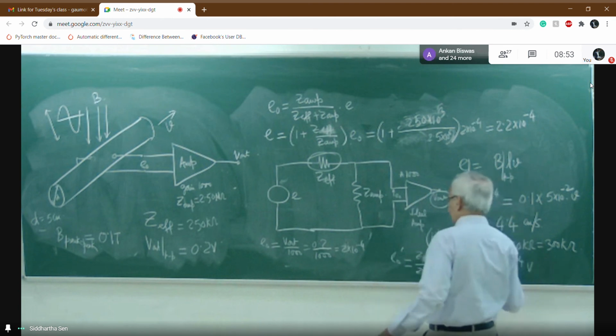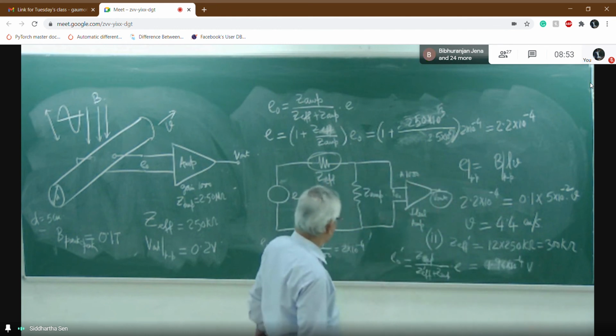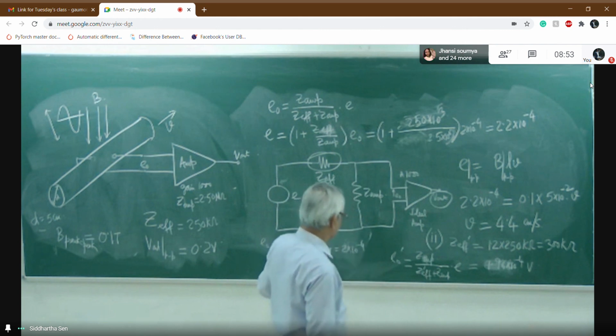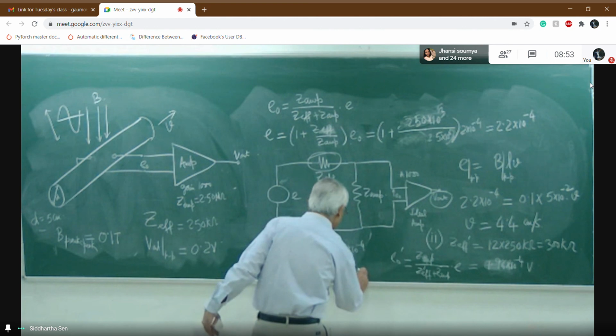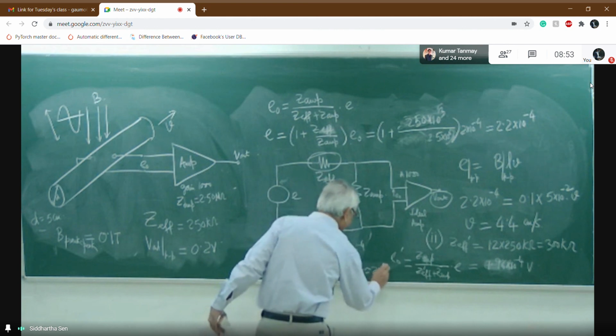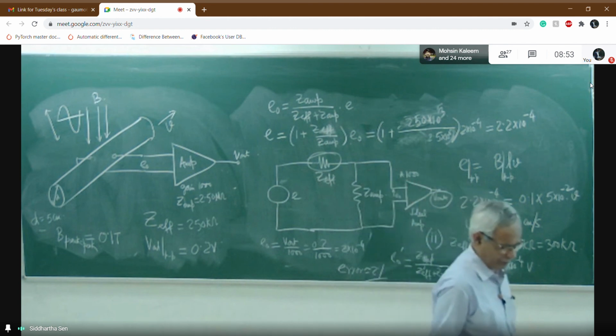So there is a drop in the voltage due to the lower conductivity of this one, and that is the error. I think it is around 2% error there. Please check it. I am not sure whether I must have made some mistake.